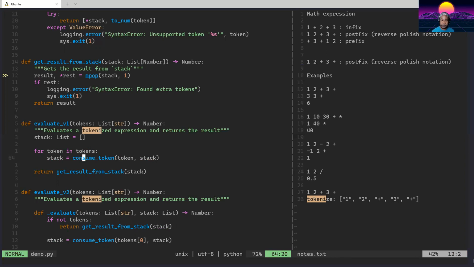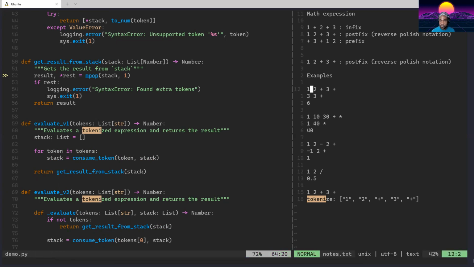And once we've gone through all the tokens in our list of tokens, then by the end of it all, the last thing on the stack should be our result, right?